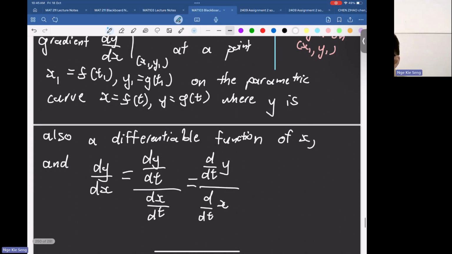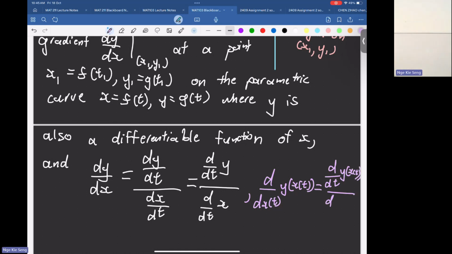To be really precise, I can write it in this way. This equals d over dt with respect to t on y, over d over dt on x with respect to t. So this is the full form.